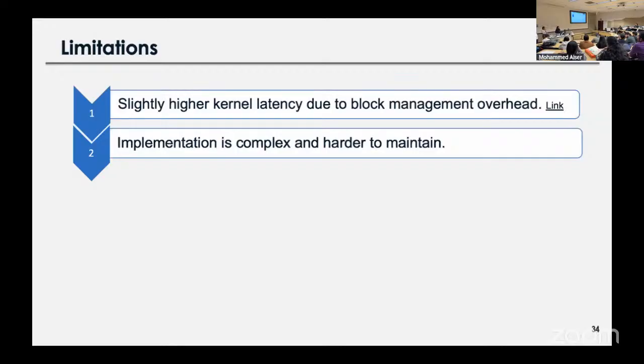The request is divided into blocks, but fragmentation is the problem. It's the wasted space of the request.